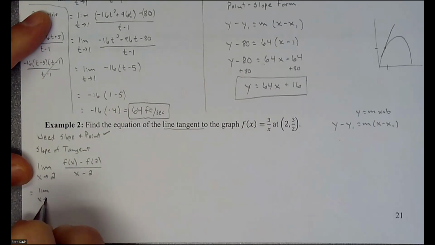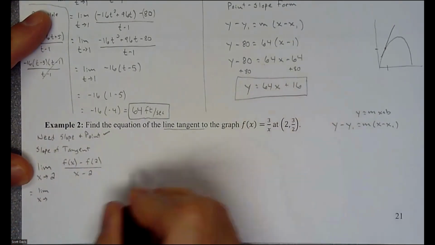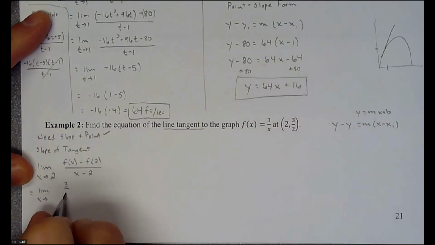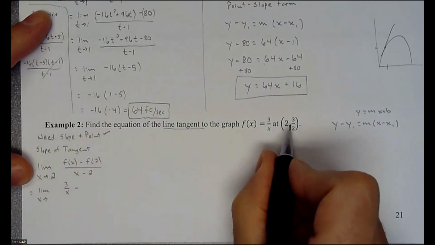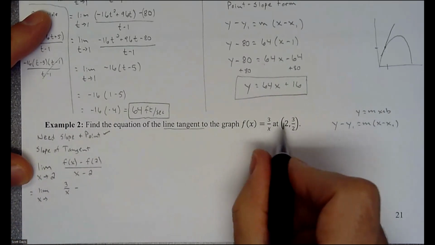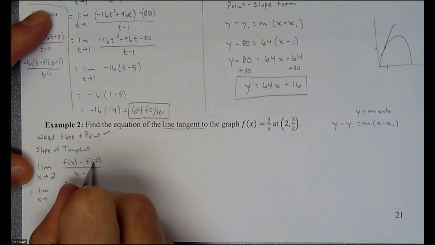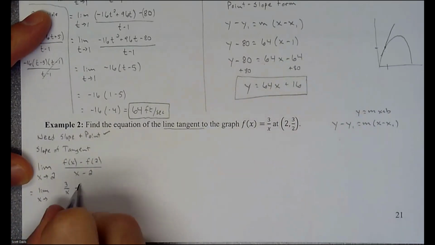So as x approaches 2, f of x is this equation, 3 over x, minus f at 2, which is this coordinate. So it's literally 3/2. Otherwise, I could plug into the equation, and this is the value that I would get. But f at 2 is 3 over 2, over x minus 2.